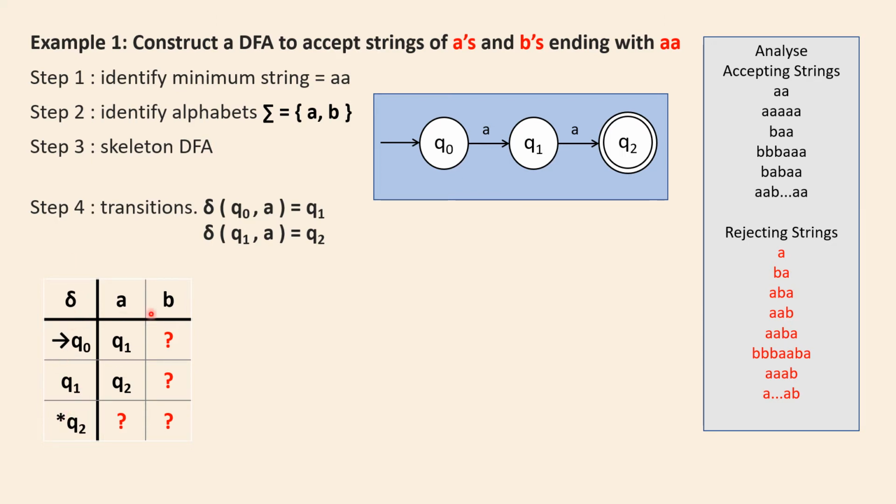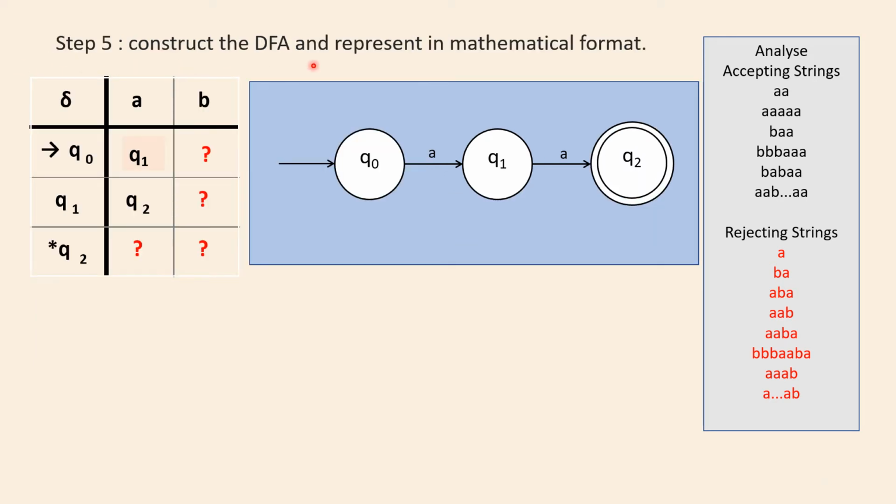And in the first row I have all the input symbols, that is A and B. So from the diagram and from the transitions we can know that Q0 on input A goes to Q1 and Q1 on input A goes to Q2. The rest of the cells are left empty.